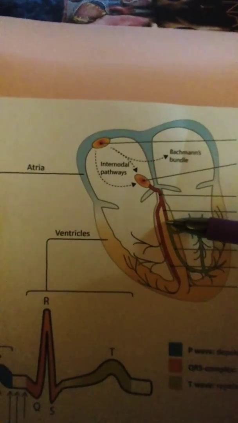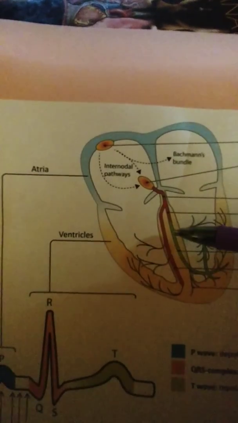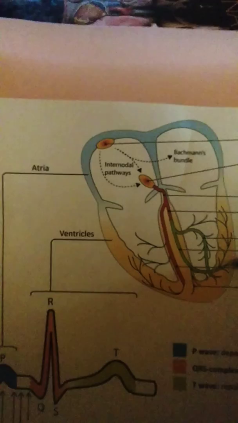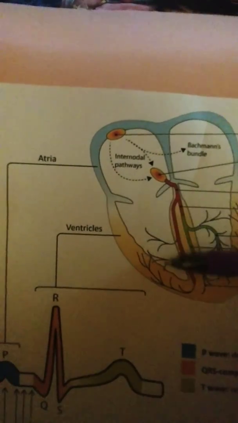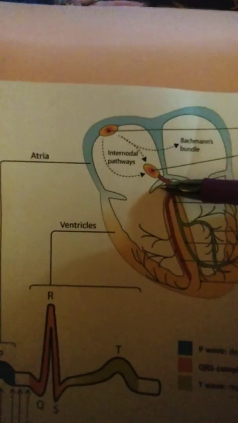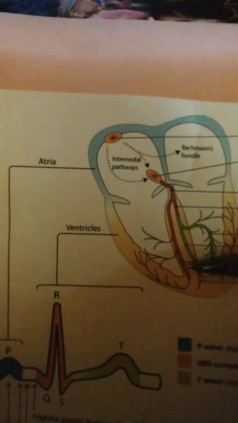And then it goes down the right and left bundle branches and to the Purkinje fibers. And this is why the whole process is slowed for just an instant, because the impulse is sending down the septum.